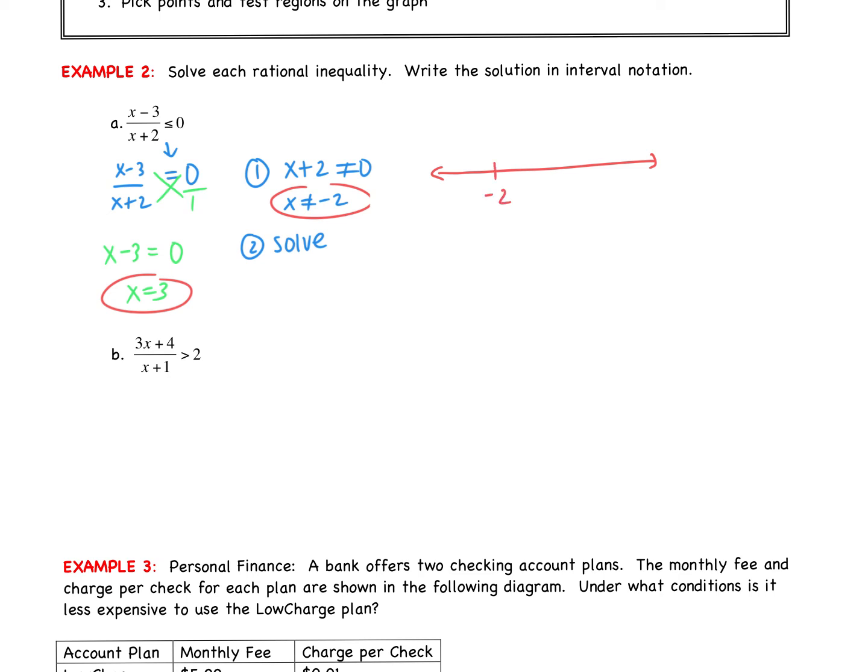So we get -2 and we get 3. Before we start plugging in, I want to know if these are open or closed circles. If x cannot be -2, that means at -2 we're going to have an open circle because it's not included. For the 3 though, we look at the inequality. The inequality has an equal sign, so at 3 we're going to have a closed circle.